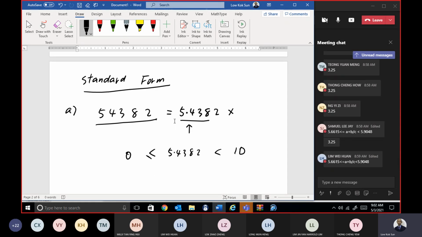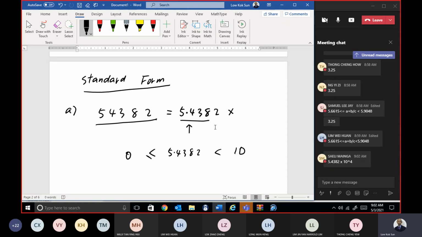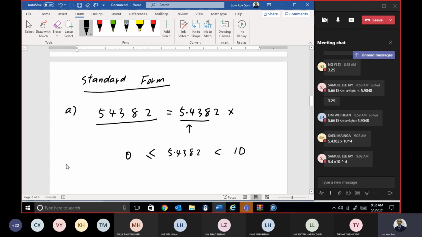So the standard form must have a number in front which must lie between 0 and 10. If it exceeds 10, it is no more standard form. If less than 0, it is no more a standard form. You understand? Then we play with the exponential term here, 10 to the power.